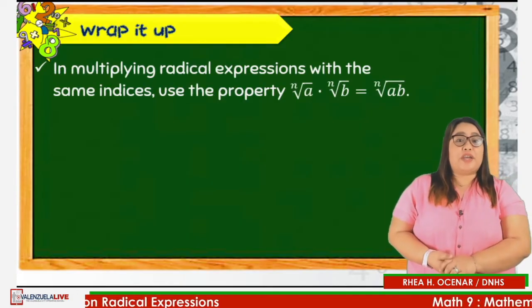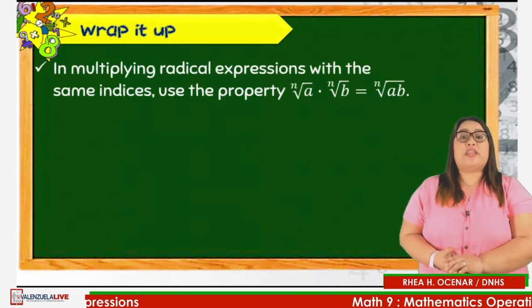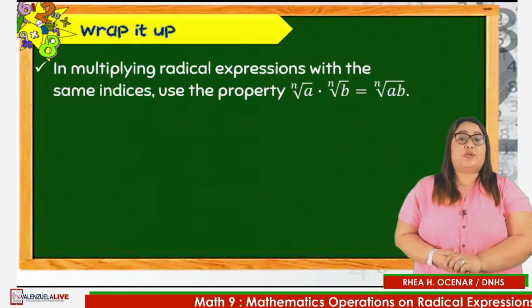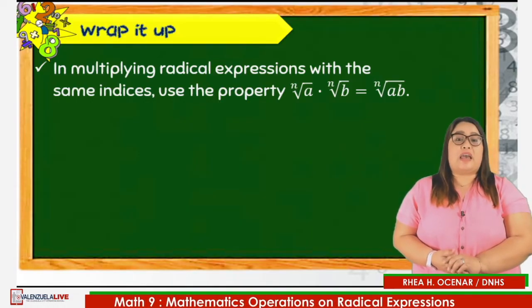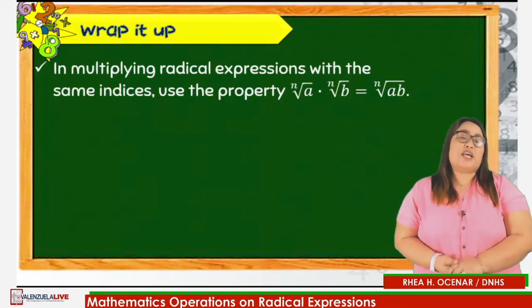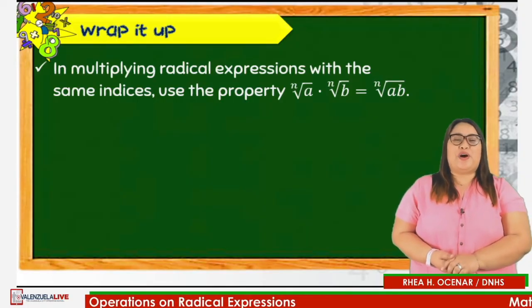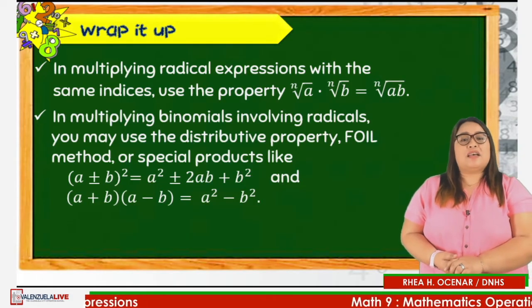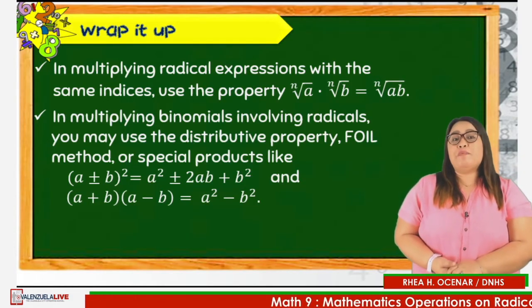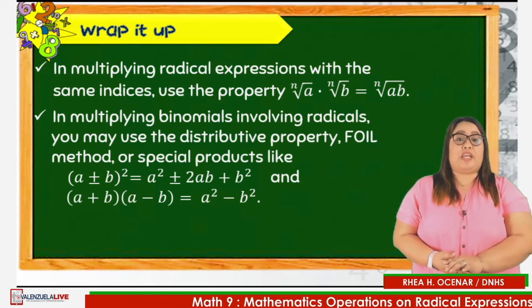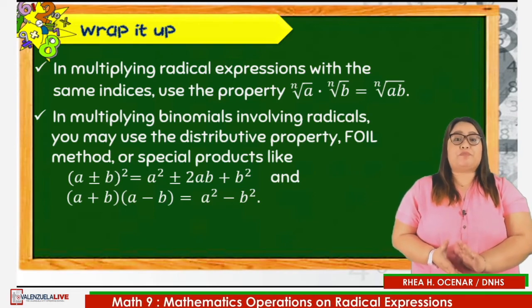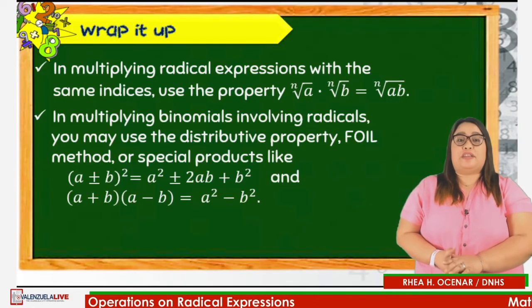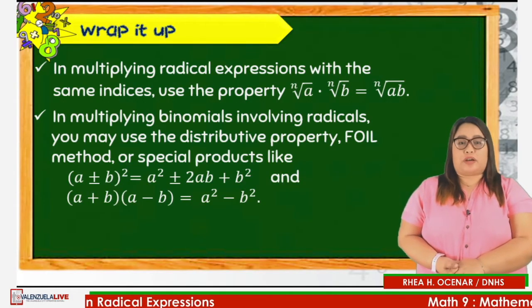In multiplying radical expressions with the same indices, use the property nth root of a times nth root of b is equal to nth root of ab. In multiplying binomials involving radicals, you may use the distributive property, FOIL method, or special products like square of binomials and difference of two squares.